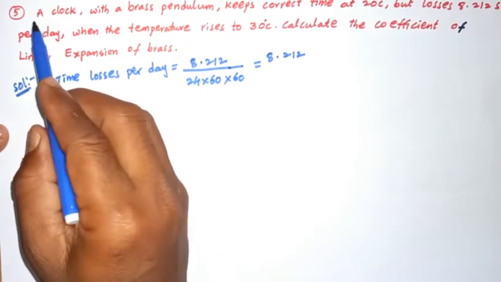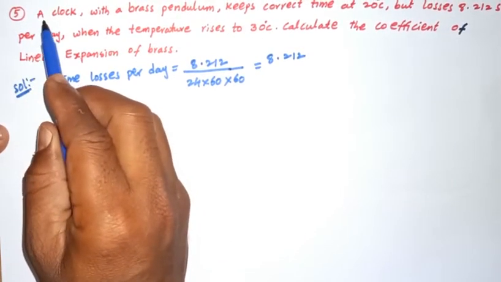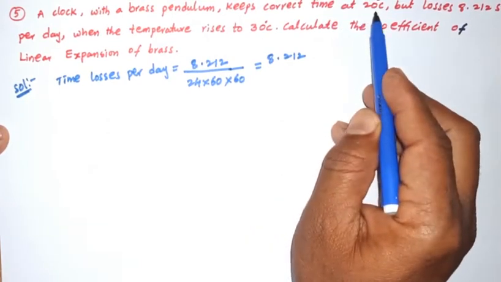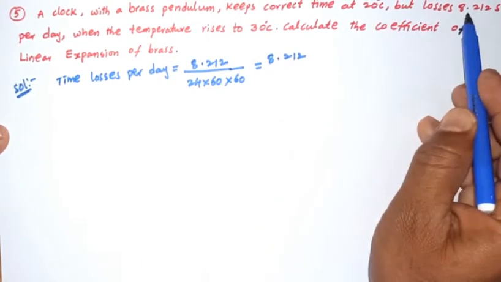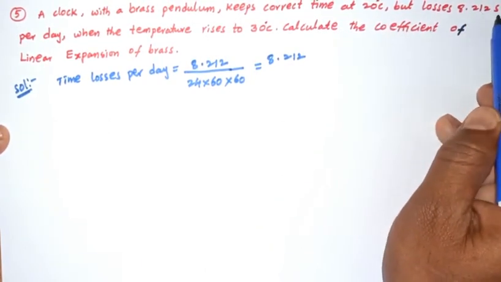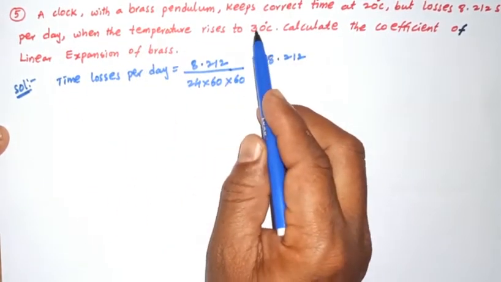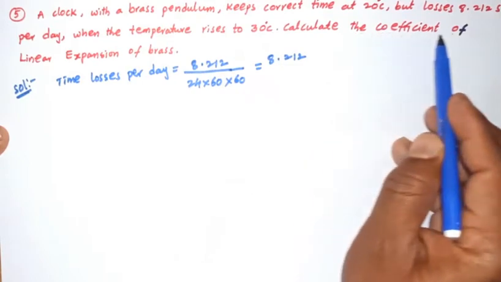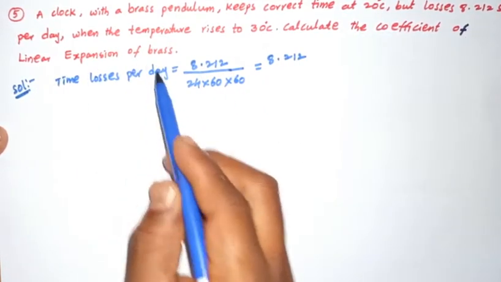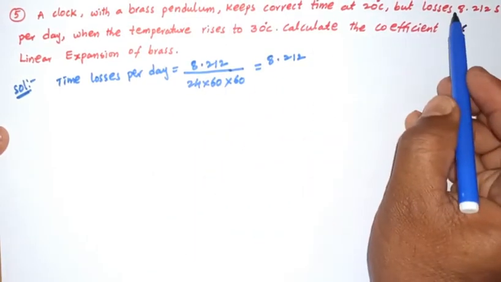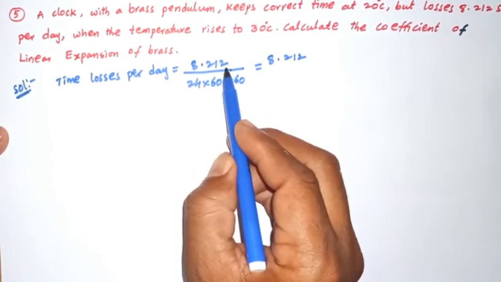So now today we will discuss problem number 5. A clock with a brass pendulum keeps correct time at 20 degrees Celsius but loses 8.212 seconds per day when the temperature rises to 30 degrees Celsius. Calculate the coefficient of linear expansion of brass. The time lost per day is 8.212 seconds.